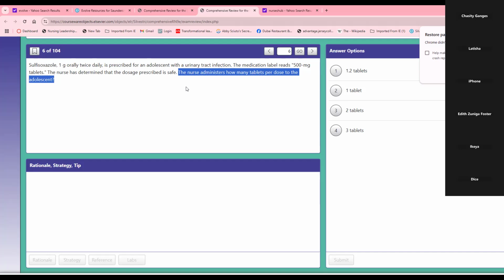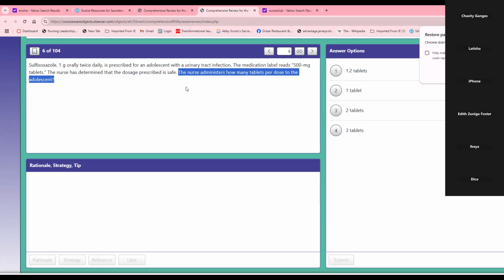And what do we have on hand? 500 mg. So you know your formula for desired over have is to take your desired dose, which is 1 gram, and put it over what you have on hand, which is 500 milligrams. The only problem that you have with this question is that you have to convert.